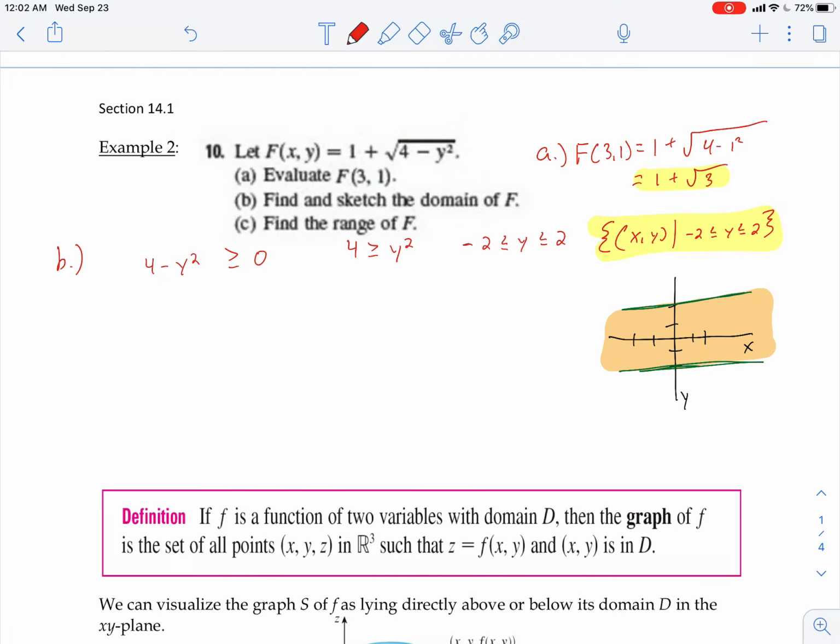So now for C, we want to find the range of f. And if I want to find the range of f, then one thing that I know is that 0 is going to be less than or equal to the square root of 4 minus y squared, which is going to be less than or equal to 2.